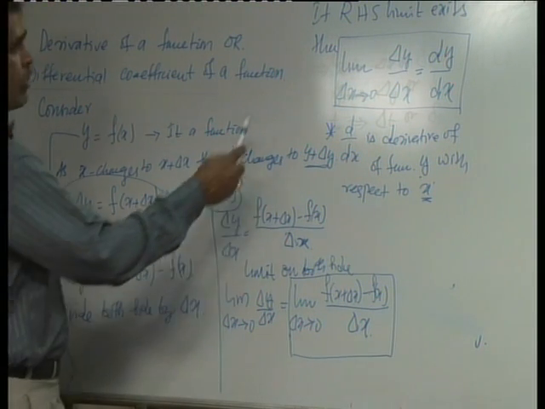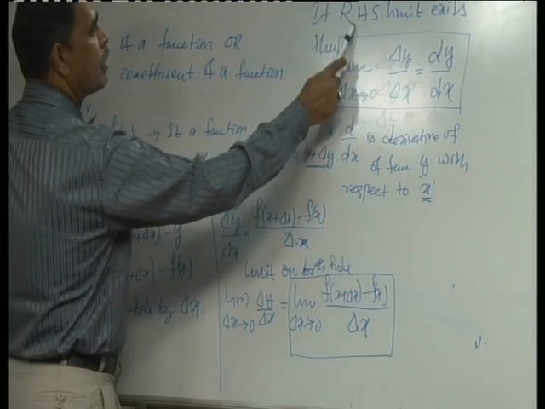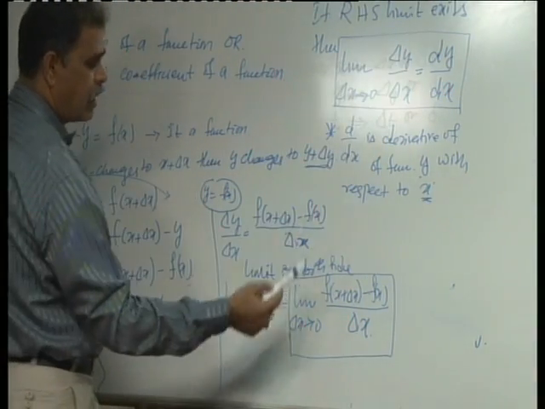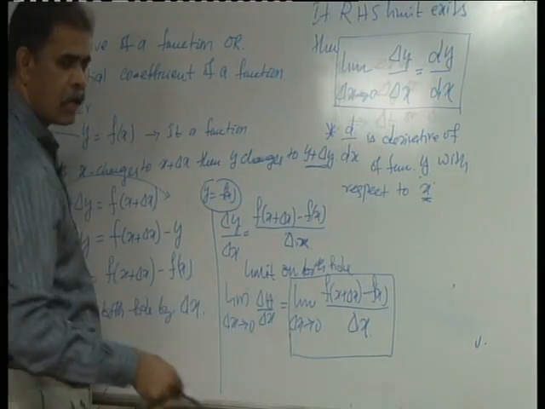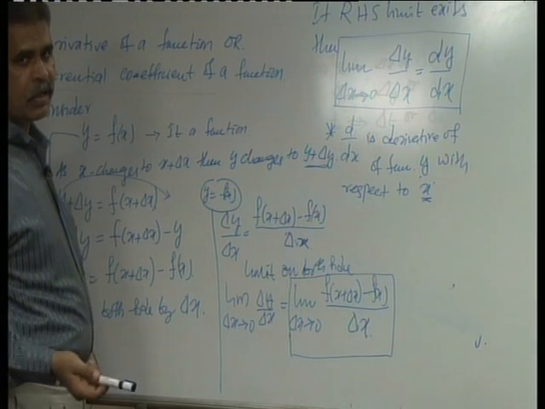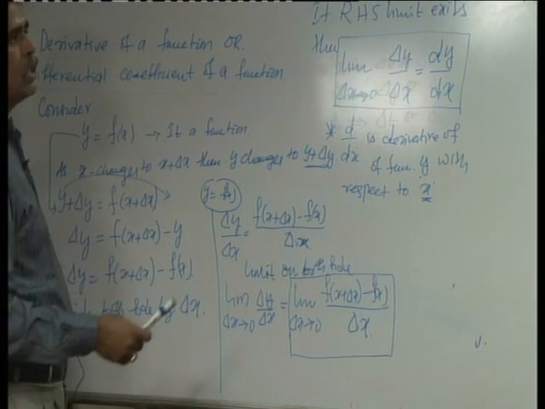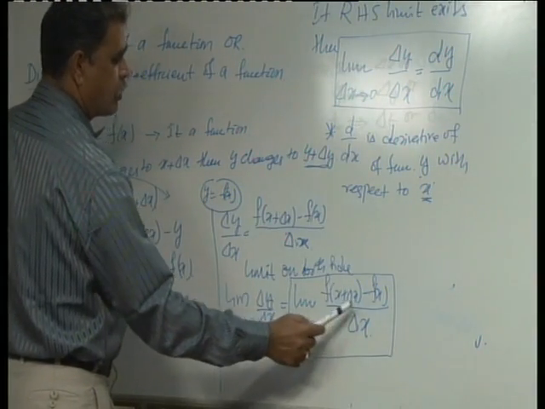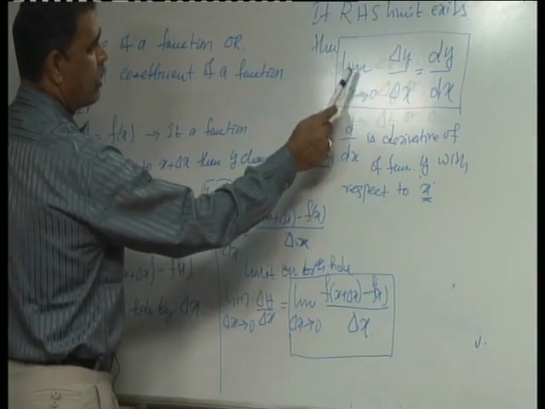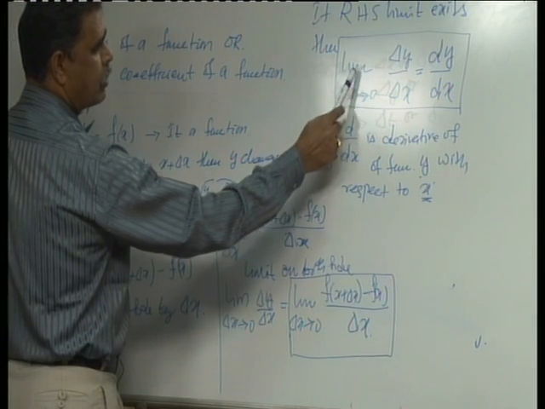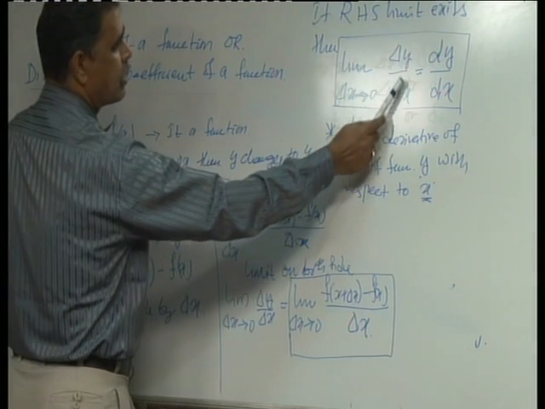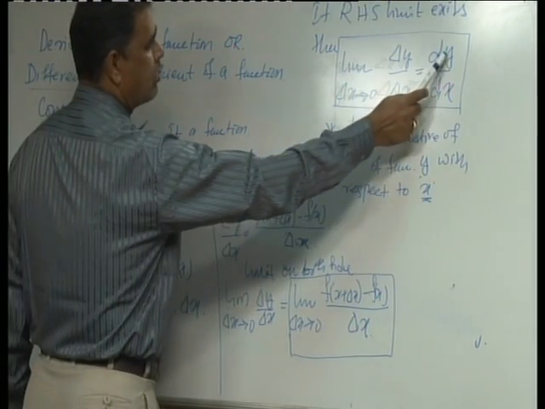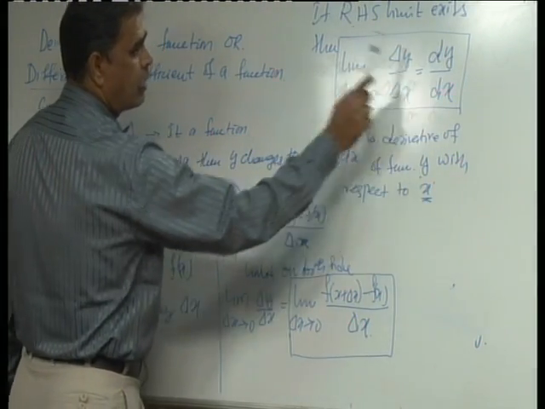That is why I am assuming that if the right hand side limit exists for any indeterminate form, you can get the limit of that function. That is discussed in the last topic. Then if the right hand side limit exists, I can take the left hand side limit, that is limit of delta x tends to 0 of delta y by delta x is equal to dy by dx.